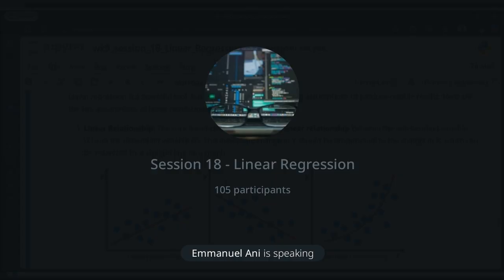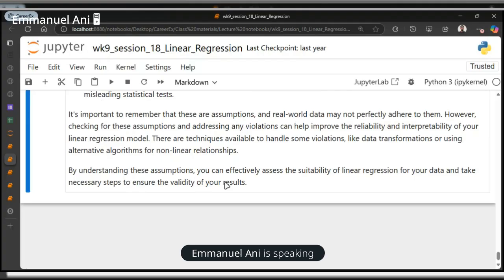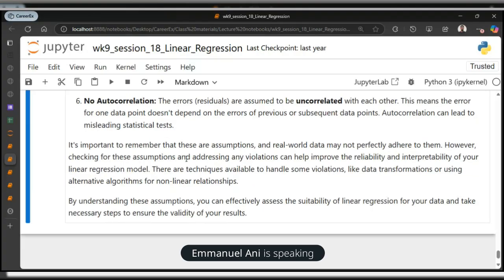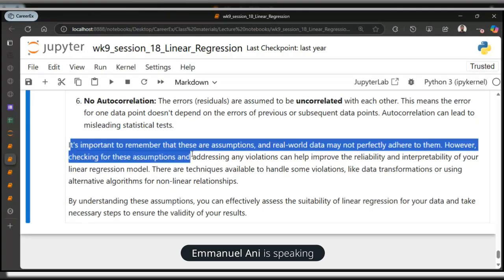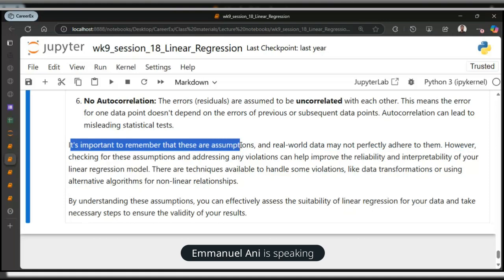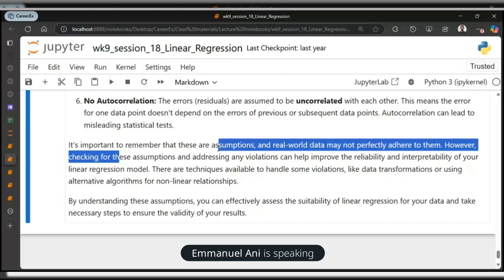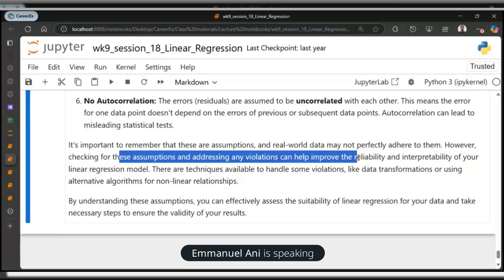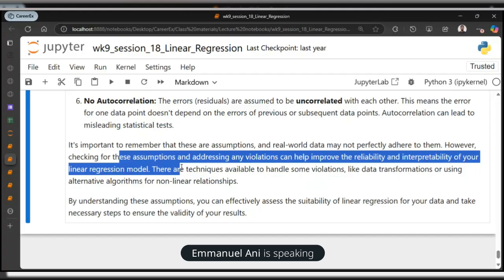All right. So that's it for today. We've looked at quite a lot. Let me just end with this. It's important to remember that these are assumptions and real-world data may not perfectly adhere to them. However, checking for these assumptions and addressing any violations can help improve the reliability and interpretability of your linear regression model, right?